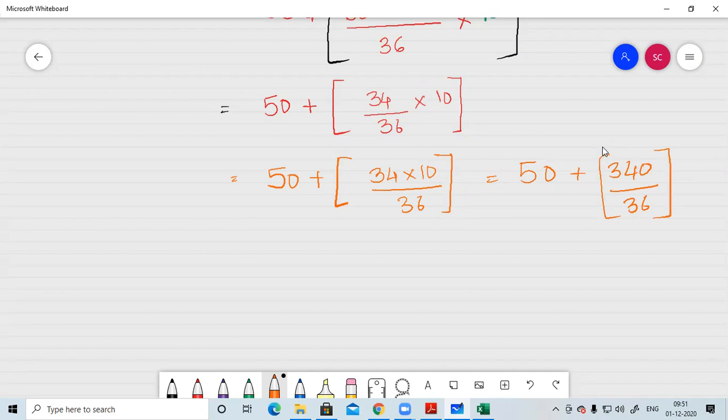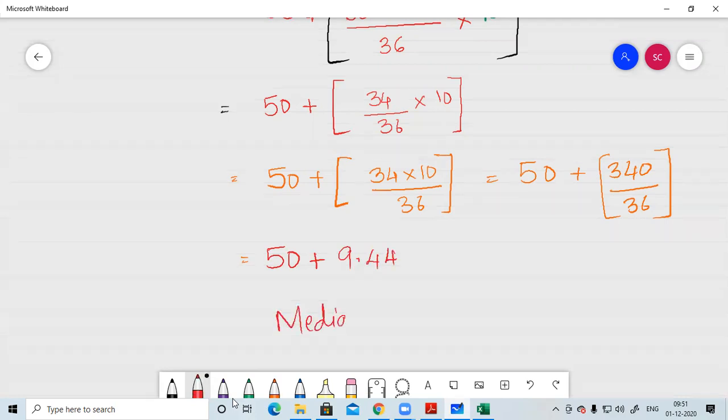So when you divide 340 by 36, you will get 50 plus 9.44. So your median will be 59.44. Is this understood? Did you all understand this?